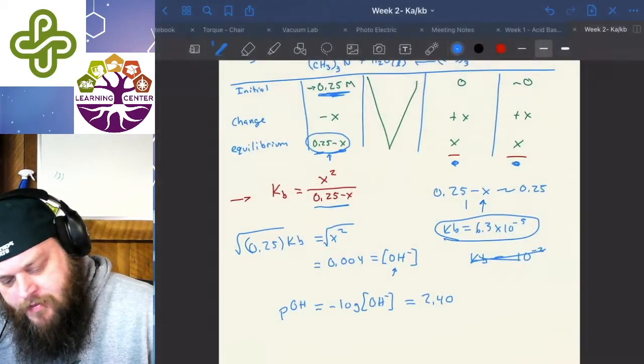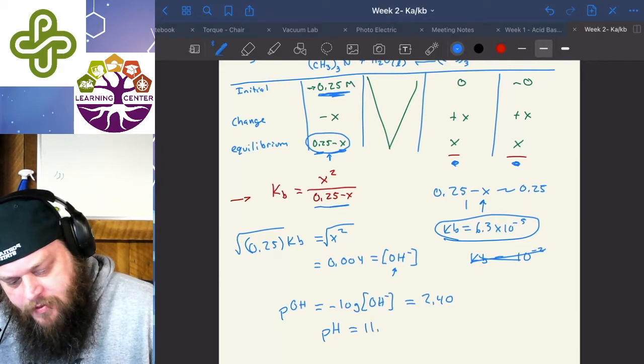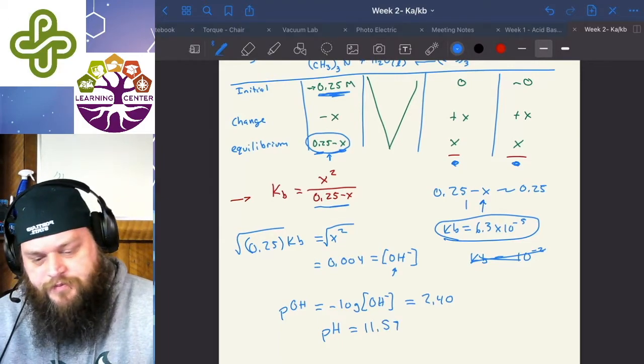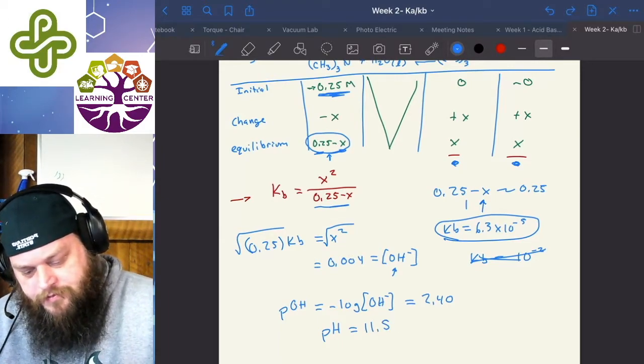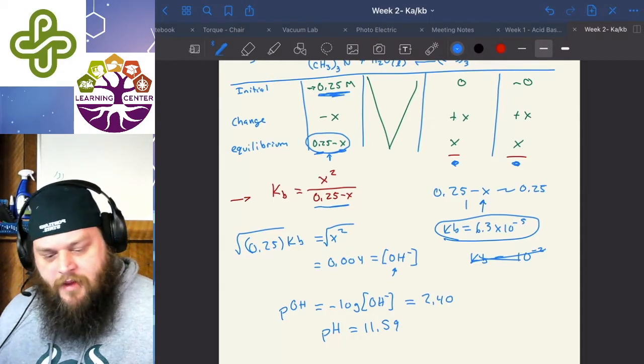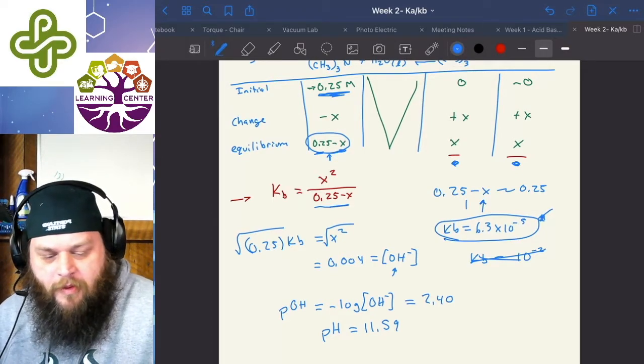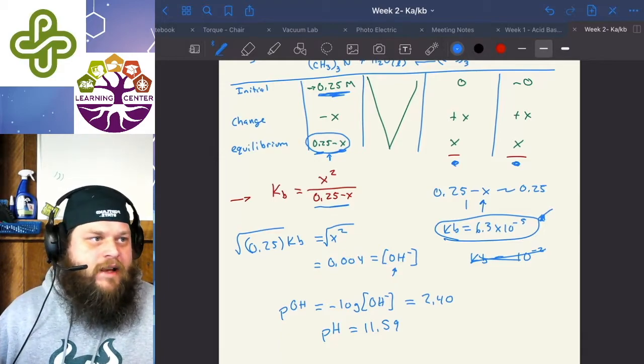So then pH is equal to 11.59. Any questions on that process? I drew a blank here not knowing my Kb value, so always read the problem fully, otherwise you might run into a snag like I did.